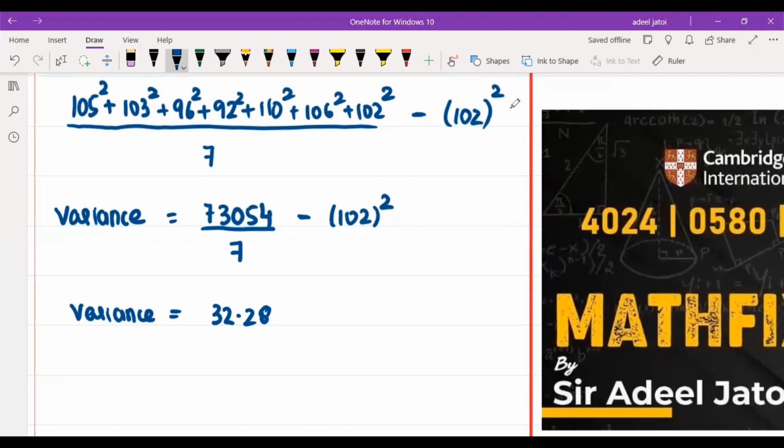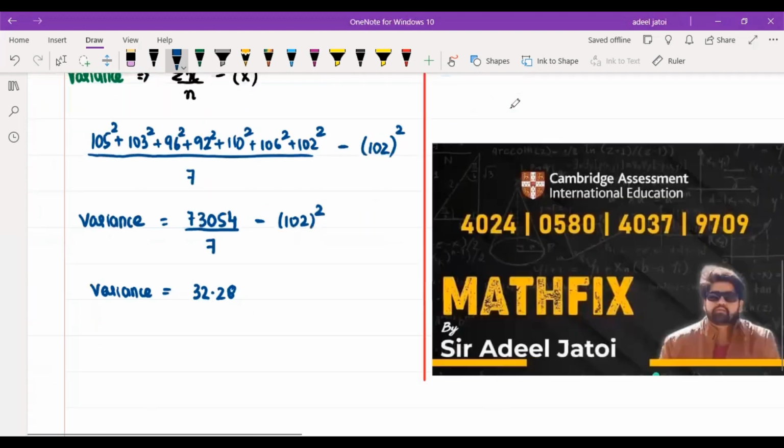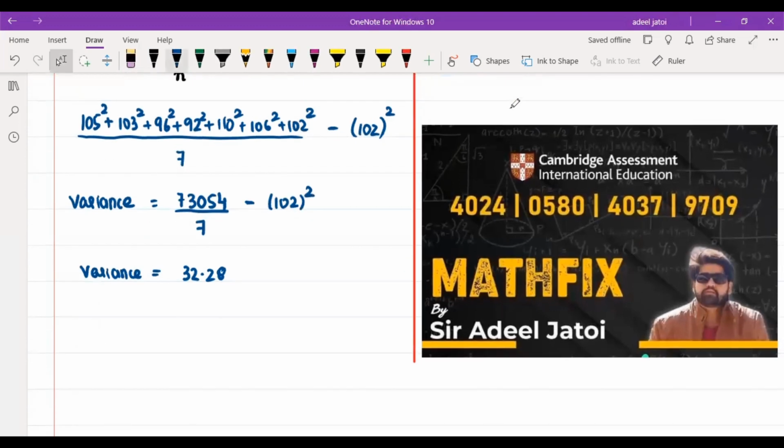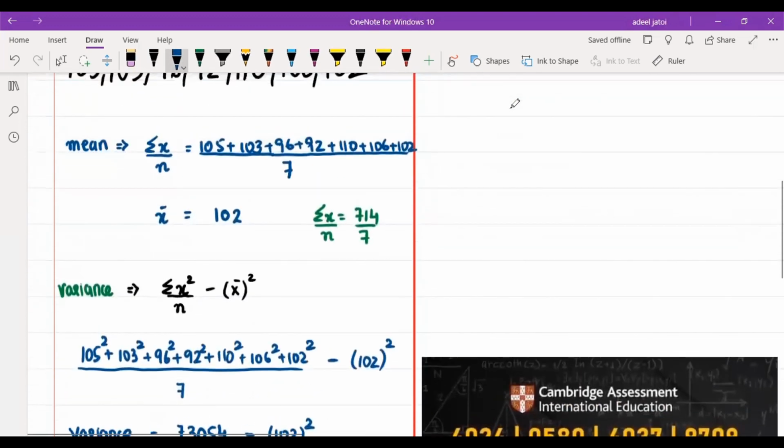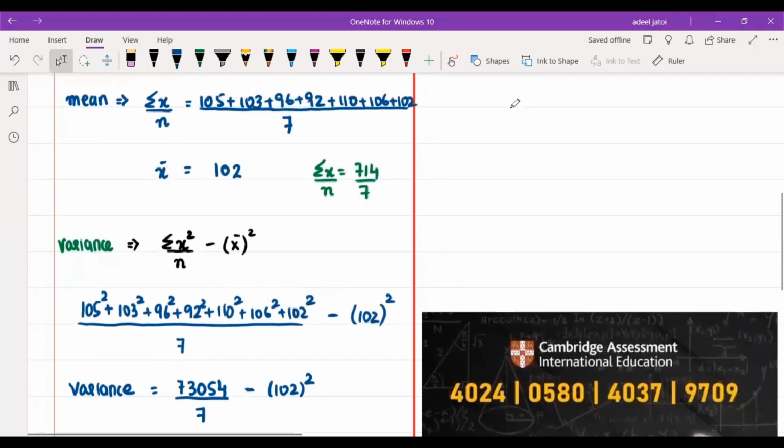So the data that you received for variance is 32.28.